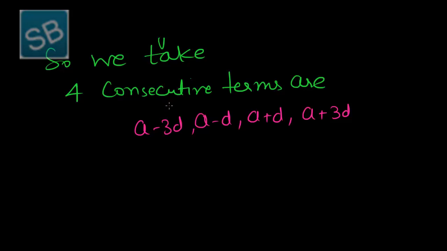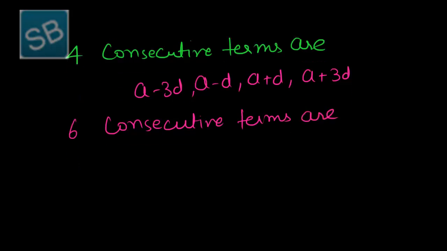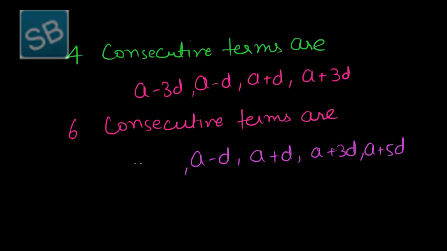What about 6 consecutive terms? There are 2 terms in the middle, that is A minus D, A plus D, the succeeding terms are A plus 3D, A plus 5D, and the preceding terms are A minus 3D, A minus 5D. So it was all about the shortcut method to find the consecutive terms of a given AP.